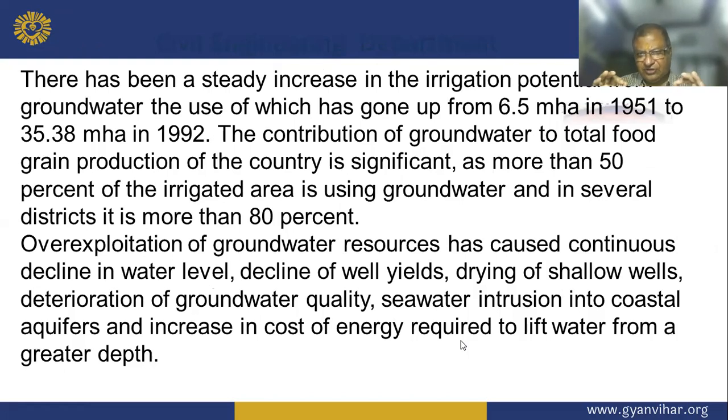The contribution of groundwater to the total food grain production of the country is significant. More than 50% of the irrigated area is using groundwater, and in several districts it is more than 80%.